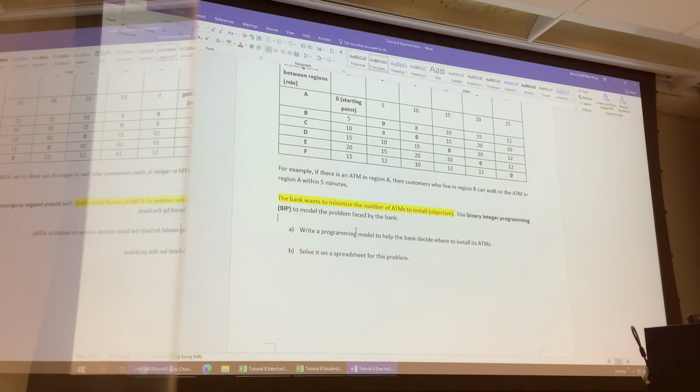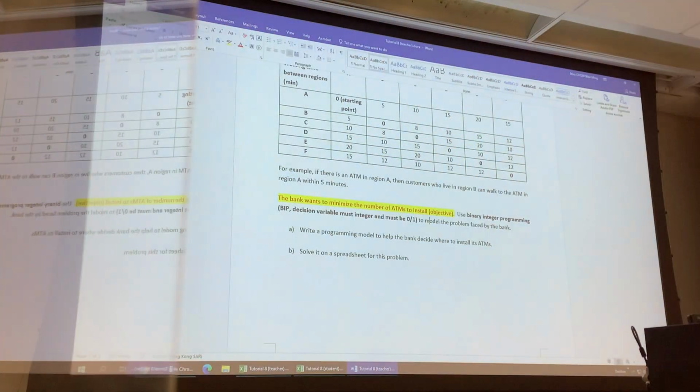Binary integer means that the decision variables must be integers and also must be 0 or 1. So that is either 1 or 0.